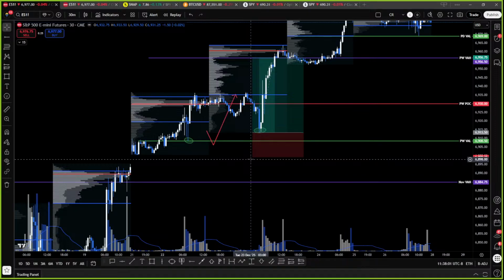With a poor high, we would always expect price to break through, go higher, and clean up the auction. Does that mean it happens 100% of the time? Absolutely not.